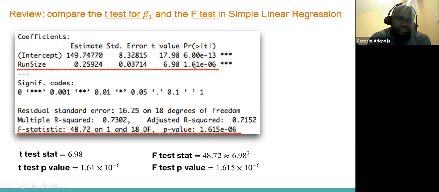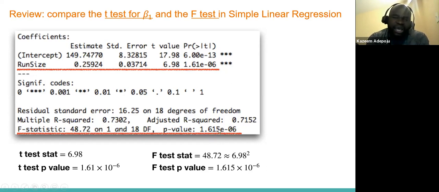The p-value here is the one associated with the t-test on beta 1. But the p-value here is associated with a significance test using the F test on beta 1. So whether we're talking about this or this, we're carrying out a significance test on beta 1. Only that here we are using a t-test to figure that out, but here we use an F test.